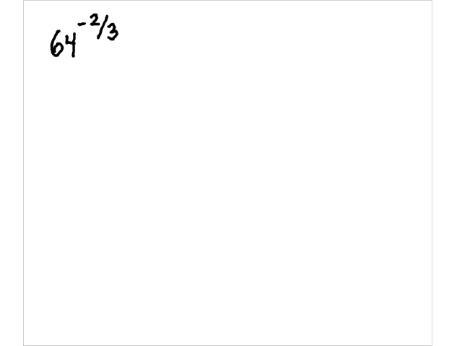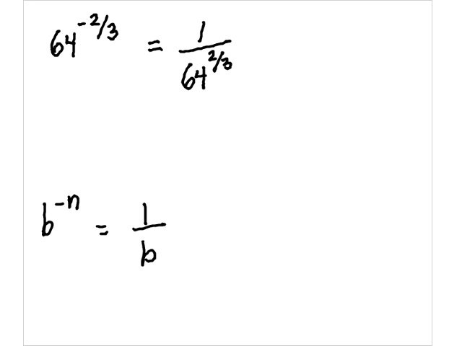The negative makes the base of the exponent flip. So first of all, that is the same as 1 over 64 to the 2/3, because the definition of negative exponent is a base to a negative exponent is equal to 1 over the base with the positive exponent. So all I'm doing is flipping. I'm taking the reciprocal. Negative exponents really means reciprocals.